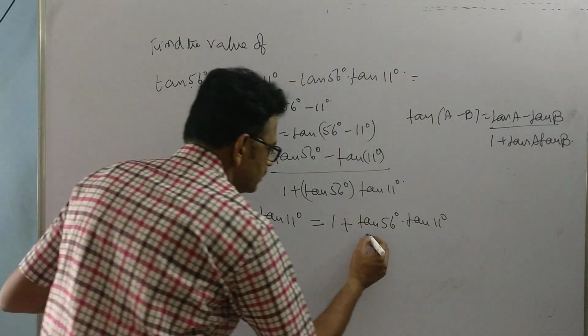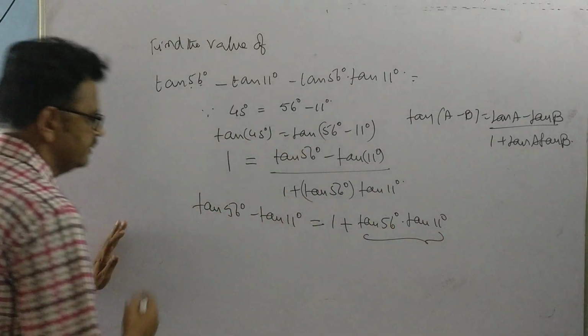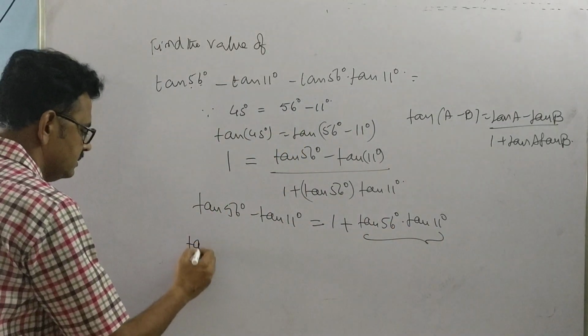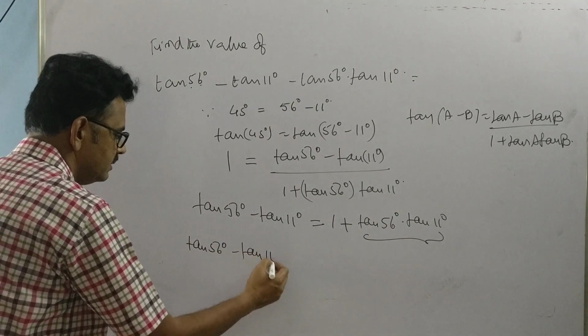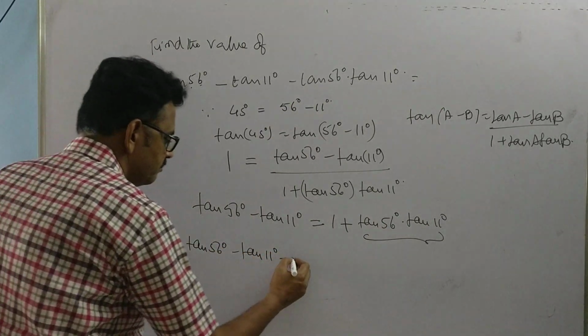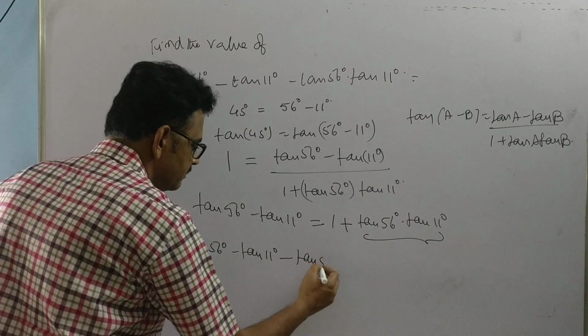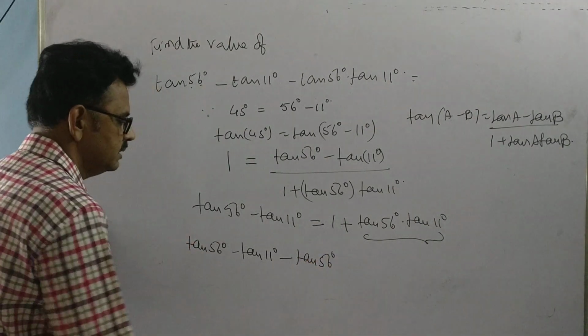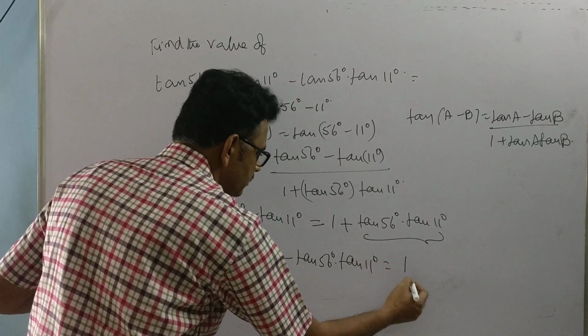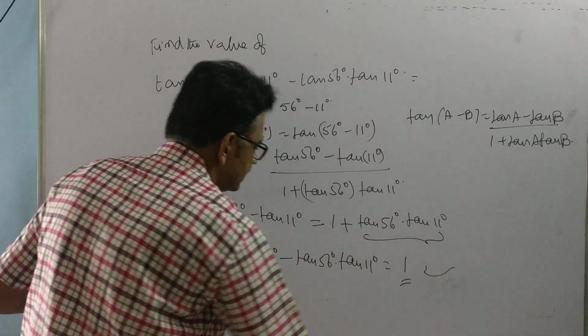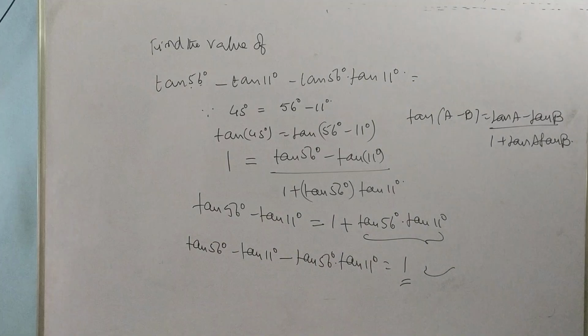Now you can take this side, that is tan 56 degrees minus tan 11 degrees minus tan 56 degrees into tan 11 degrees is equal to 1. So 1 is the answer.